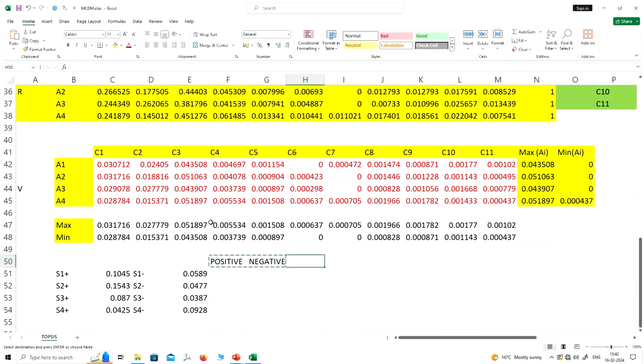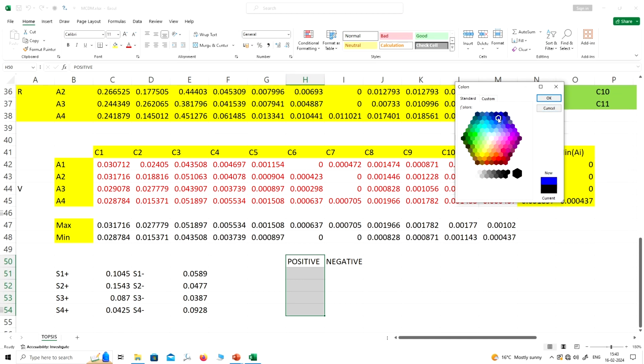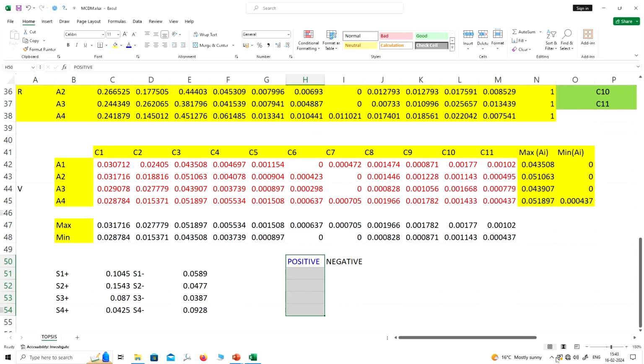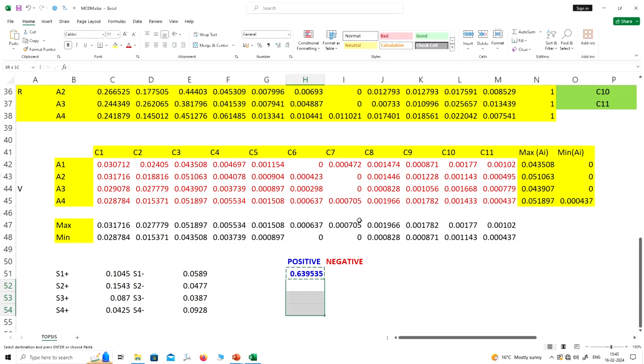So, let me put the negative as red in color and positive as blue in color. I will not put the cells because then we will not be able to see it, and these negative being in red color, again bold. So, let us do it. The positive one would be the positive part divided by the sum of positive plus negative. So, I copy it.